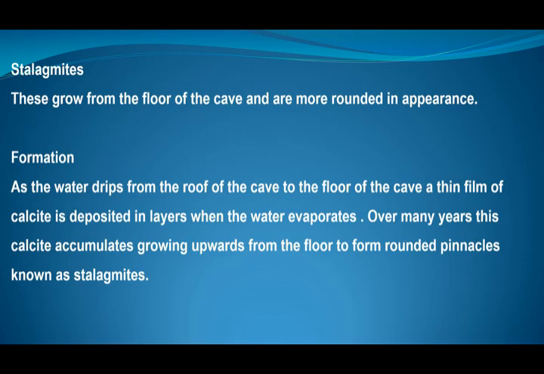This water that is dripping from the roof is going to spread on the floor and evaporate, leaving a thin film of calcite. Over many thousands of years of constant dripping and depositing of calcite on the floor, it is going to build up layer by layer and eventually become rounded and form what is called a stalagmite.